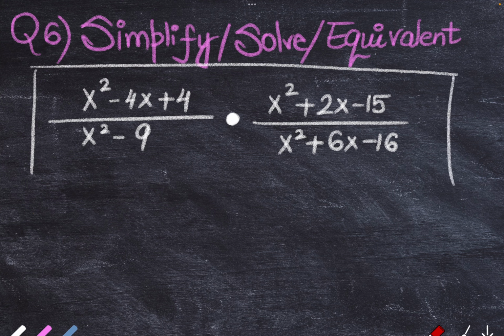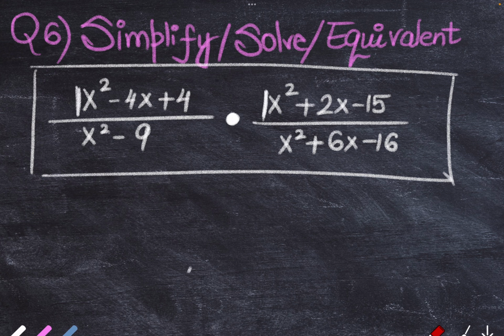A hint is that you will have to use the quadratic trinomial strategies that we used here to find the two numbers and the middle term. So these three, you'll use that. And for this one, you'll use the formula a squared minus b squared. x squared minus 9 is the square of 3, since 3 squared is 9.